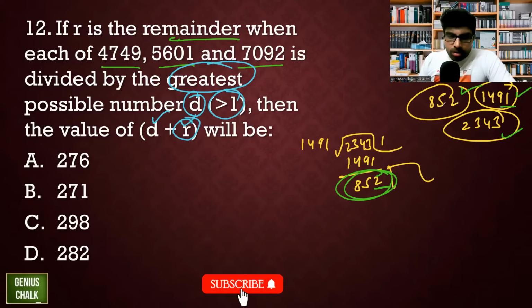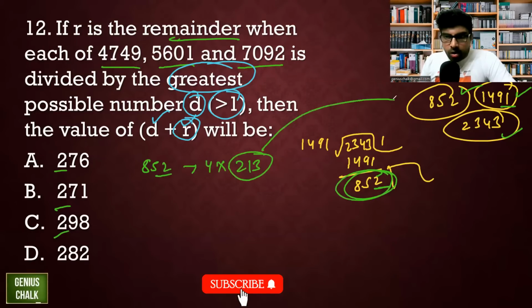Right? So now write some factors of 852. If I write 4 as a factor, this will be left with 213, because all the options are nearly in 200. So I can assume that 4 has to be some factor. So 4 2s are 8 and 1 3. Now just check, does it divide all?